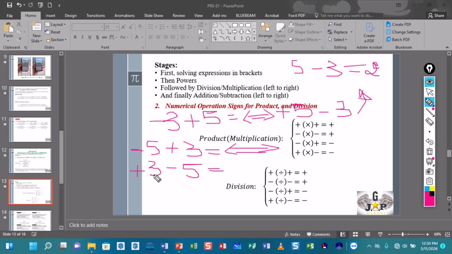So 3 minus 5 is like saying 5 minus 3, and 5 minus 3 gives me 2, right? So what I used to do at the time, because I learned this in grade 6.